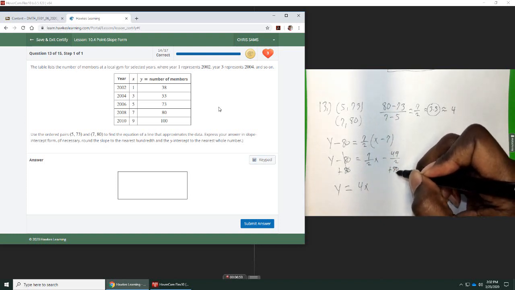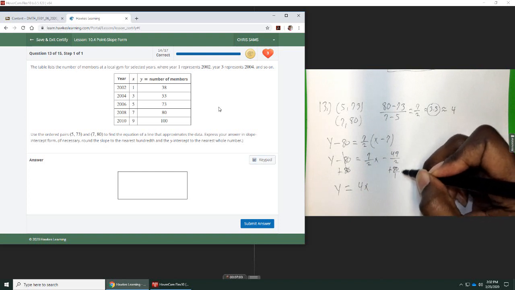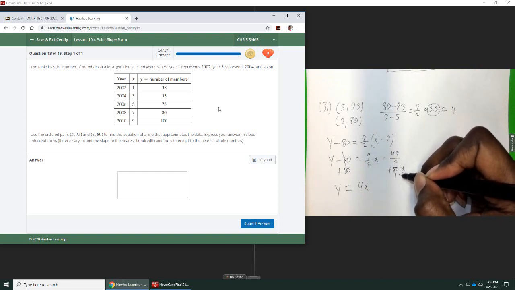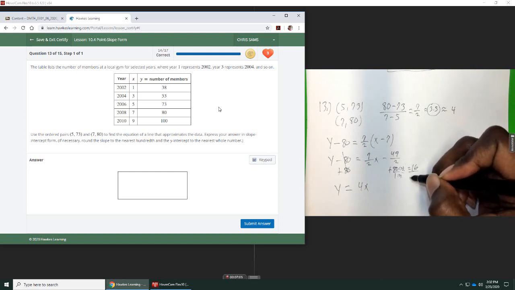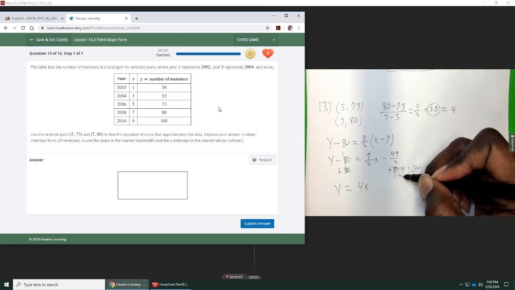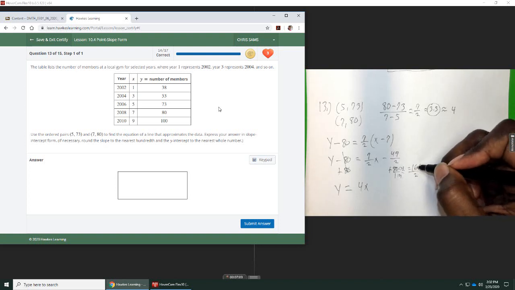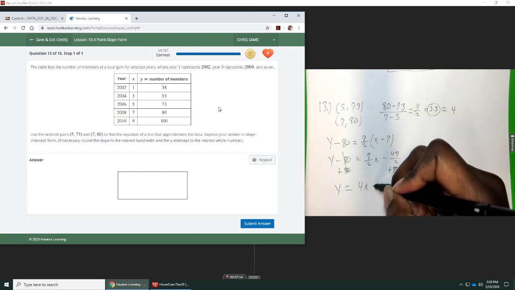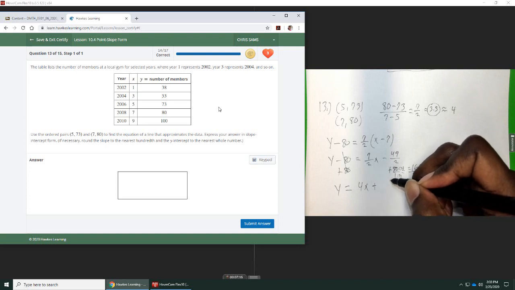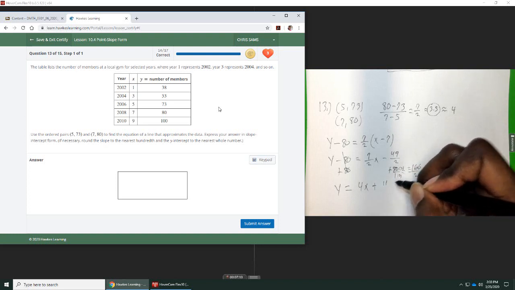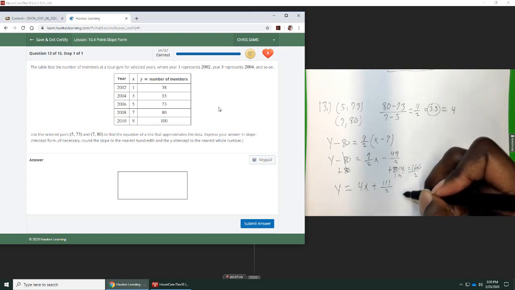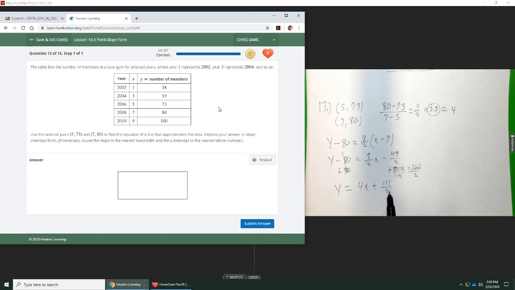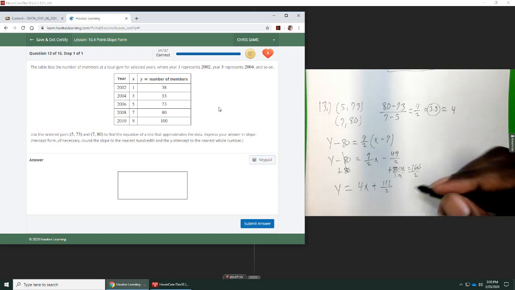Make this a common denominator, so this will be 80 over 1, multiplied by 2. This will be 160 over 2, and then subtract 49. So 49 from 160 gives us a positive 111 over 2. 2 goes in there 55 times and a half, 55.5.